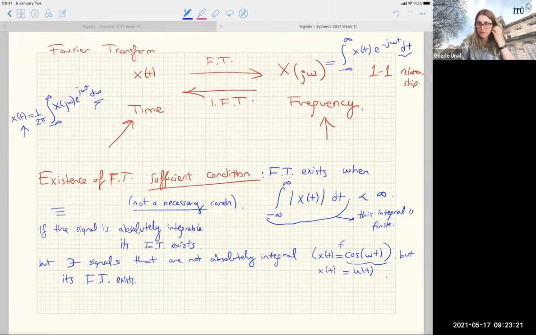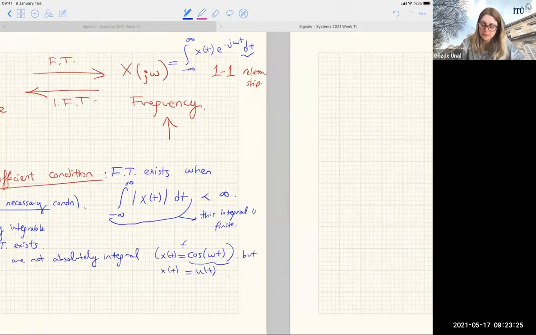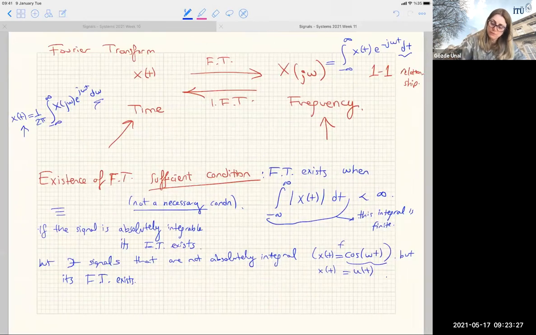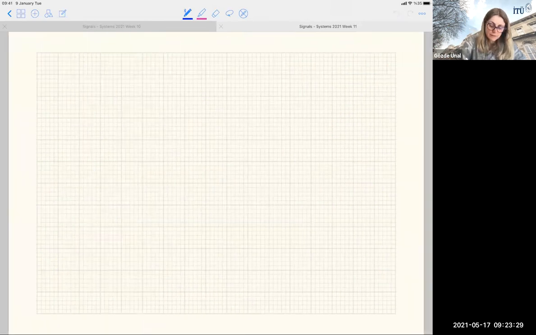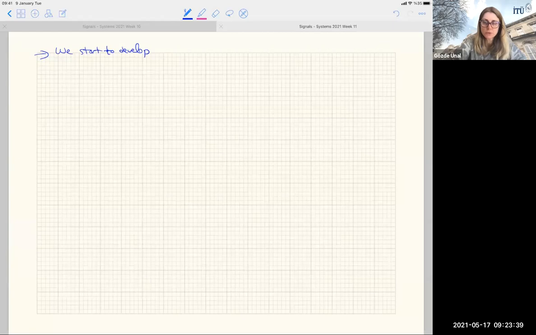So once we start continuous time Fourier transform, what we do, guys, is start to develop, typically how people work in signal processing, a library of Fourier transform pairs for efficient processing.